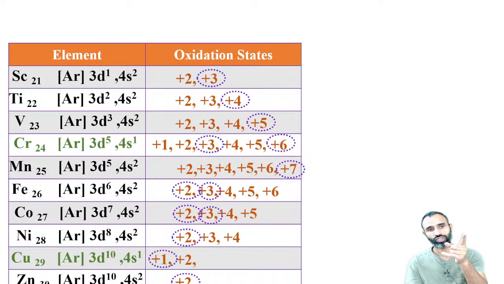The most common is +3 for scandium, +4, +5, +6, +3 and +7, +2 and +3 for iron and cobalt, +2 for nickel, +1 for copper, though +2 is most common. Zinc is only +2.